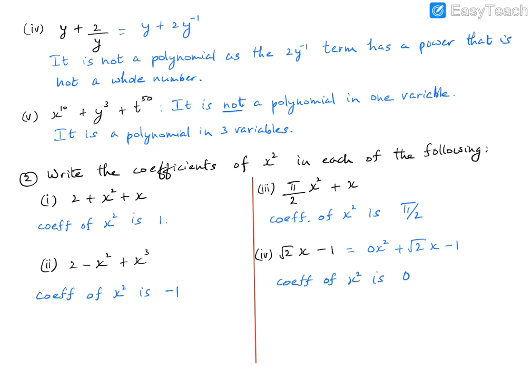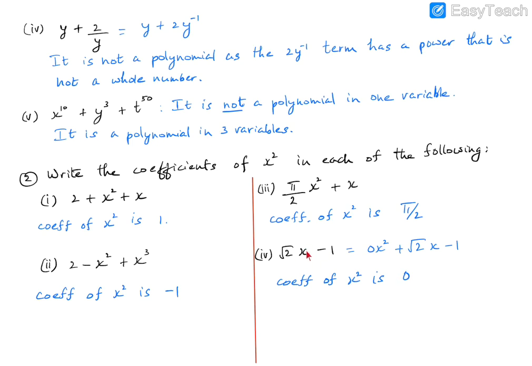Okay, so when we have an expression in which a particular exponent term is missing, it means that the coefficient of that particular term is 0. Since x squared does not exist in this expression, the coefficient of x squared is 0.